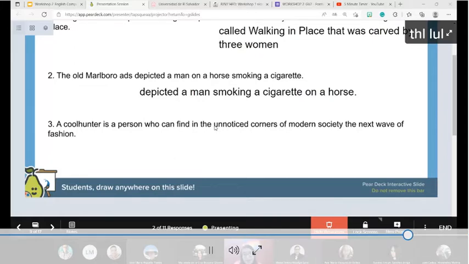That cool hunter is looking for what? The unnoticed corners of modern society or the next wave of fashion? The next wave of fashion in the unnoticed corners.